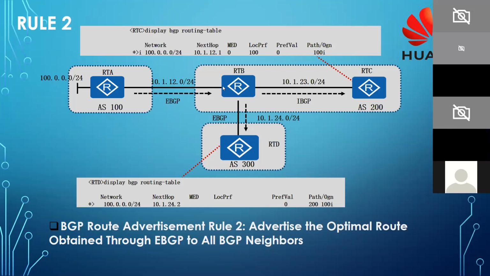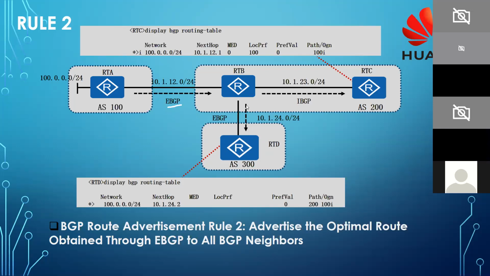So RTB can send this update to all its BGP peers. If its peer is an iBGP, it can send it. If it's an eBGP, it can send it. So when a router receives an eBGP route, it can send it to eBGP and iBGP.